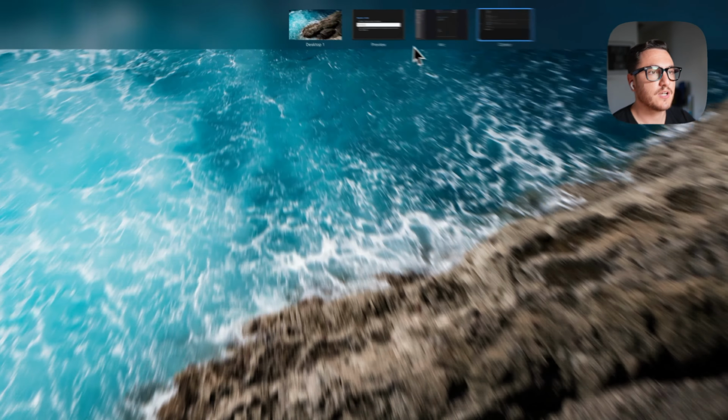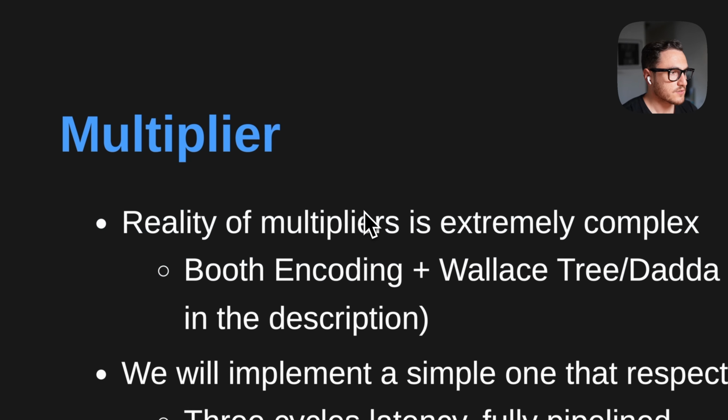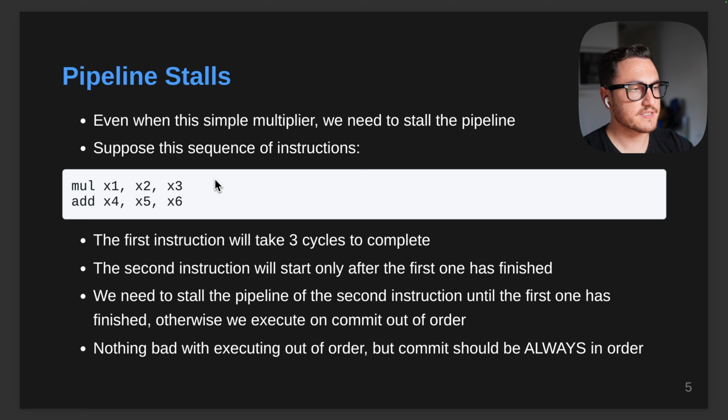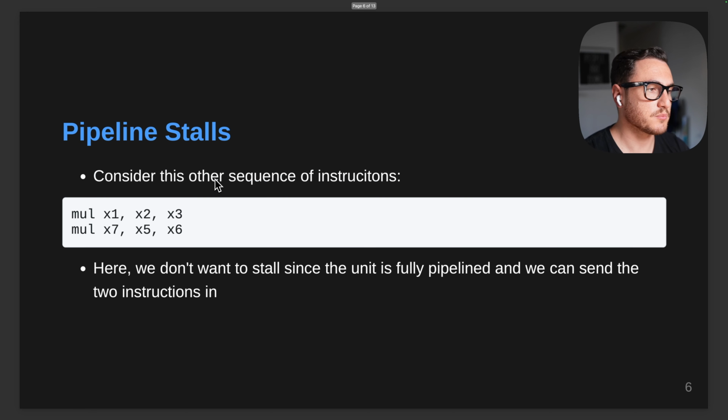So let's see when we need to stall. We consider this sequence of instructions and we realize that in this case we need to stall. Are there any cases where we don't need to stall for the multiply? Well, let's take this sequence of instructions. Here, for example, we have a first multiply and a second multiply. Those two are not related.